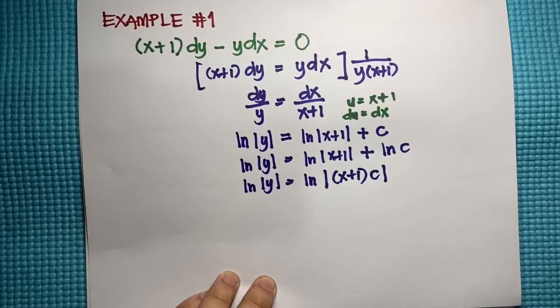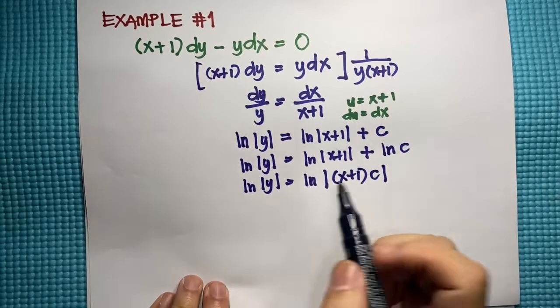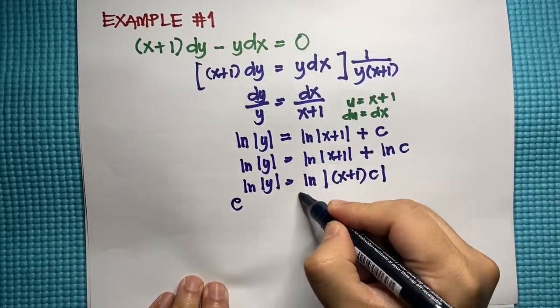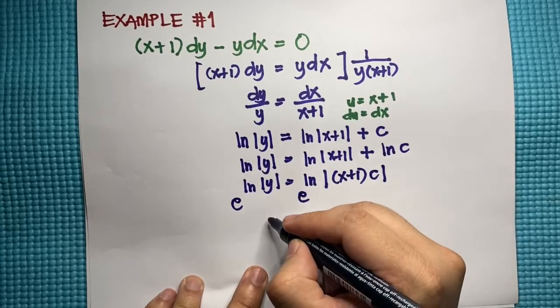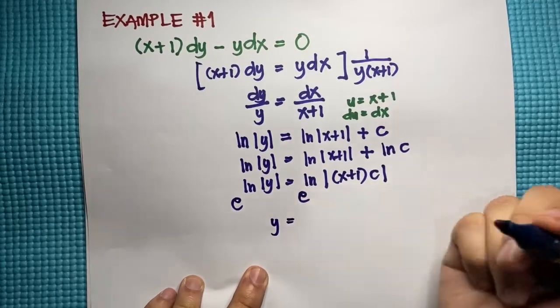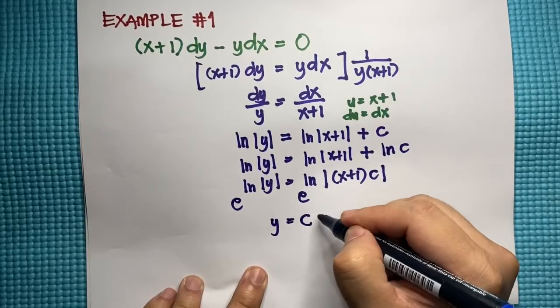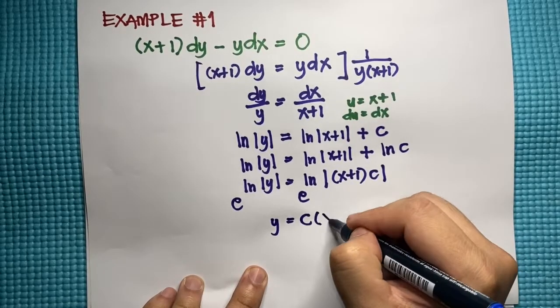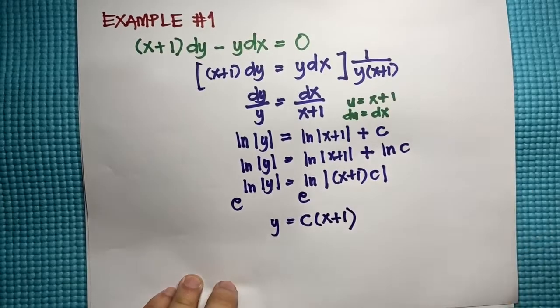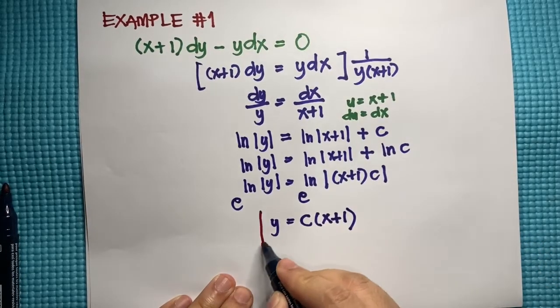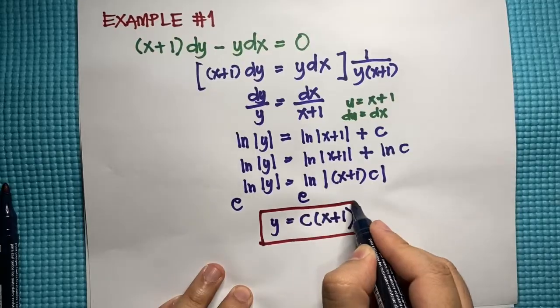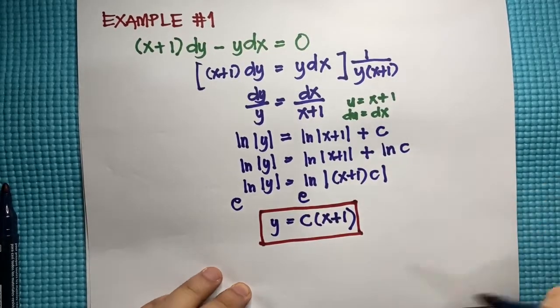Since the left hand side and the right hand side involve a natural logarithm, we can take the exponential function on both sides, yielding simply y equals c multiplied with x + 1. So the general solution of the differential equation is y = c(x + 1).